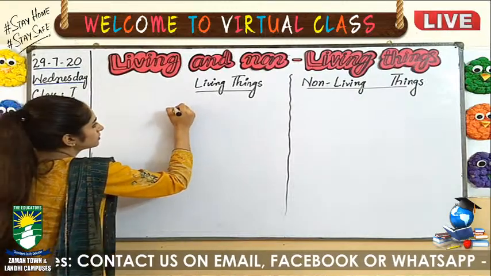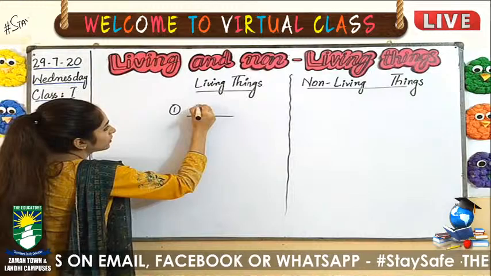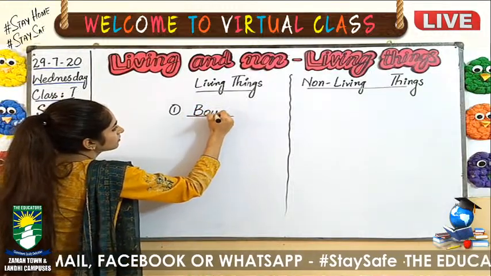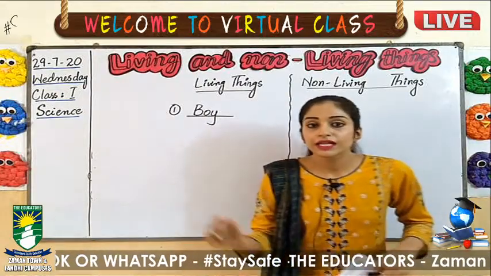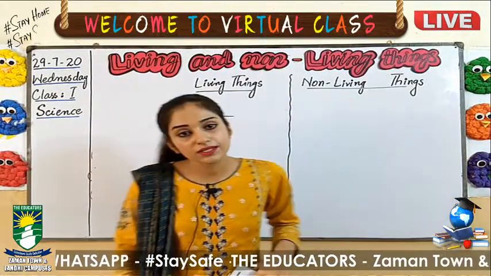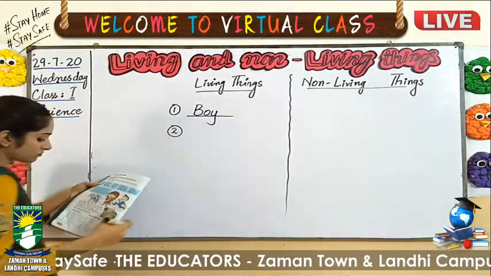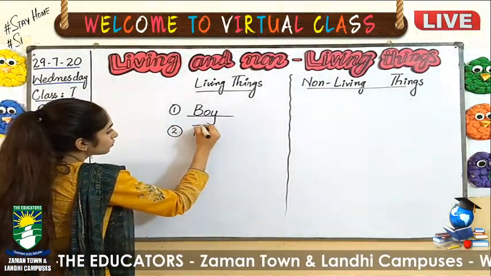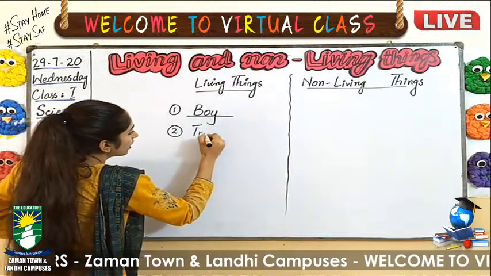Number 1, name of a living thing. Okay, boy. So boy is a living thing. As I told you, we all are living things. So the first example is a boy. The second one can be tree. I told you all the plants are living things. So a tree is a living thing.